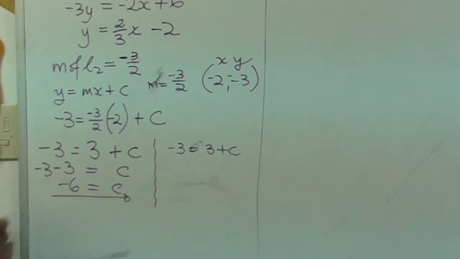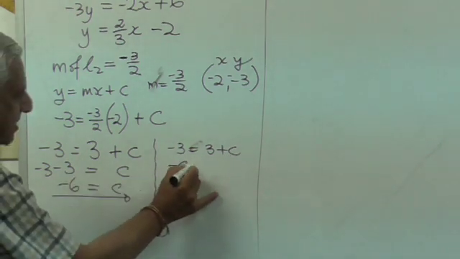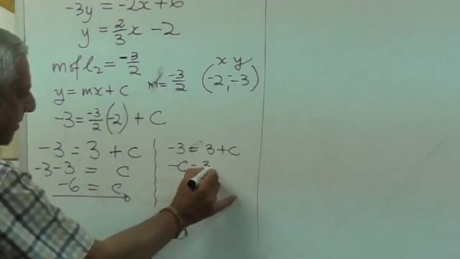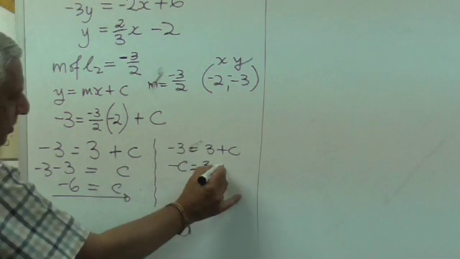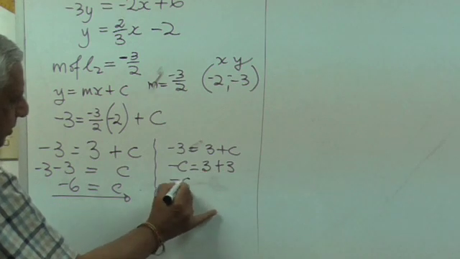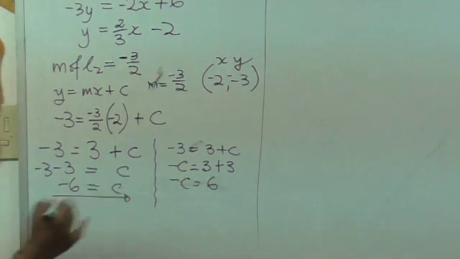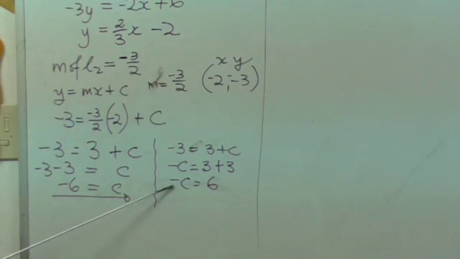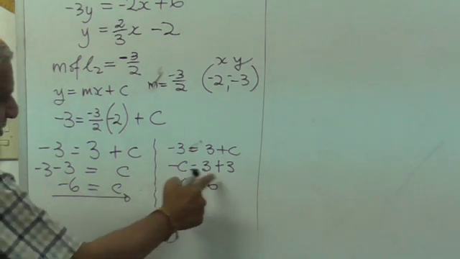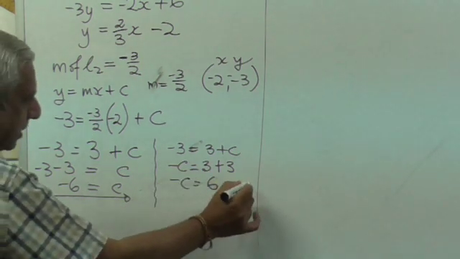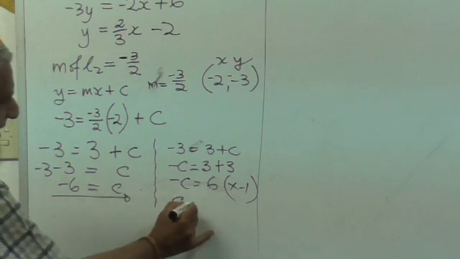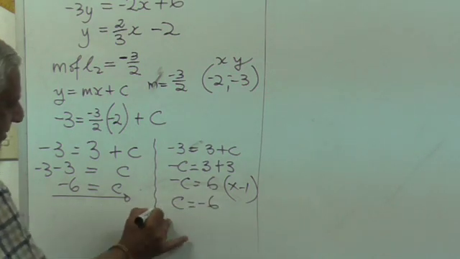If you bring the c here, remember it will become minus c. That 3 remains there. This 3 when it goes across becomes plus 3. So you got minus c is equal to 6. That's not c, that's minus c is equal to 6. So if you multiply both sides by minus 1, you get the final answer, c is equal to negative 6.